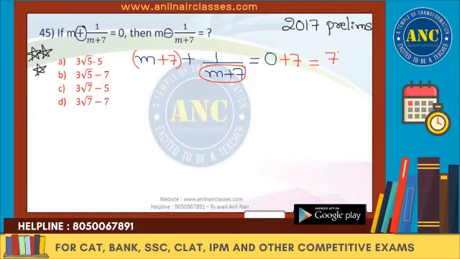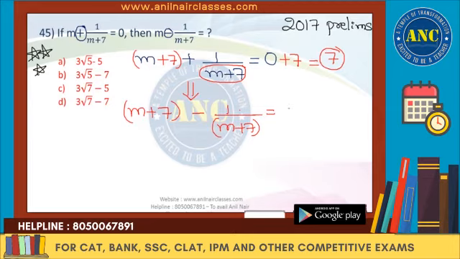If I know the value of x plus 1 by x, I can easily find the value of x minus 1 by x. That means I can easily find the value of m plus 7 minus 1 divided by m plus 7. How can I find it? I can find it because I know the value of x plus 1 by x. x plus 1 by x is k. The k value is 7 in this case.